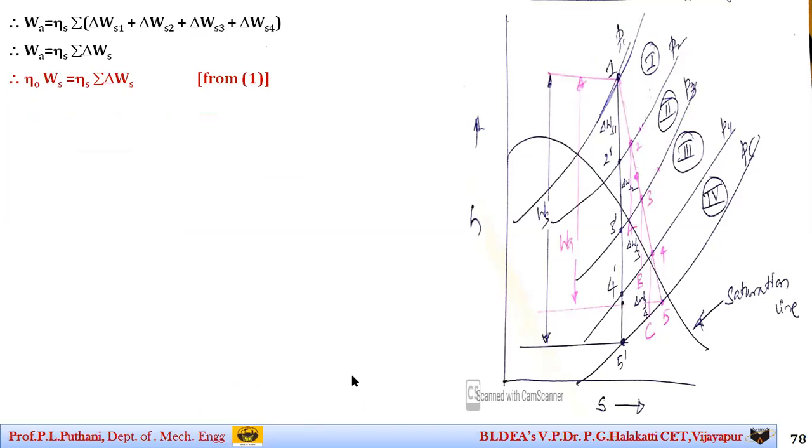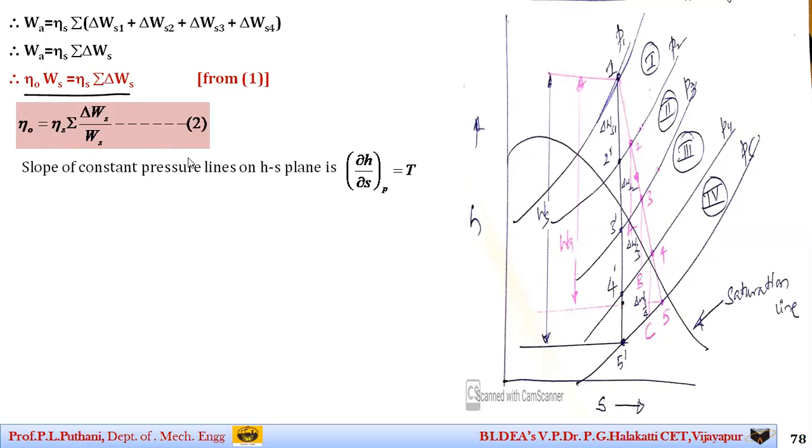Therefore we can write it in this form: overall efficiency into Ws is equal to the stage efficiency into the summation of the delta work done for all the stages together. Now we can write it in this form. This is equation number 2.